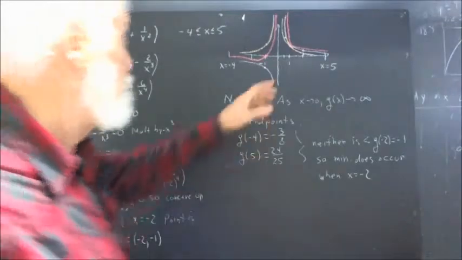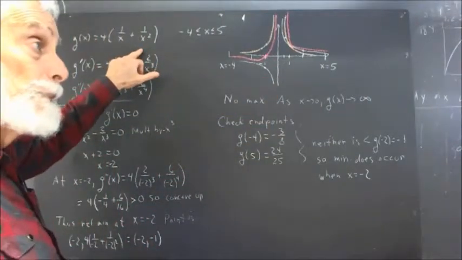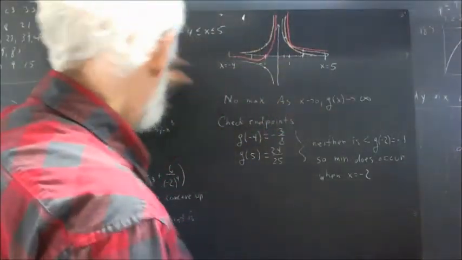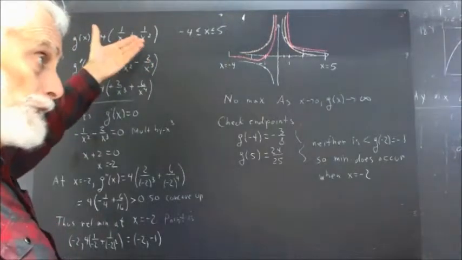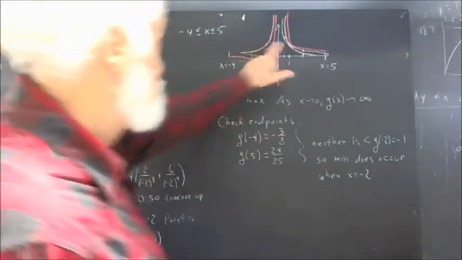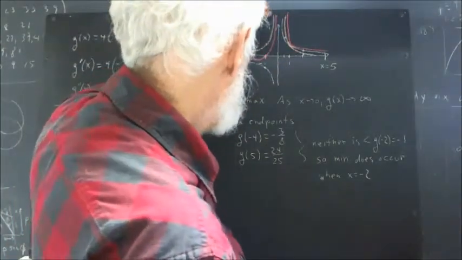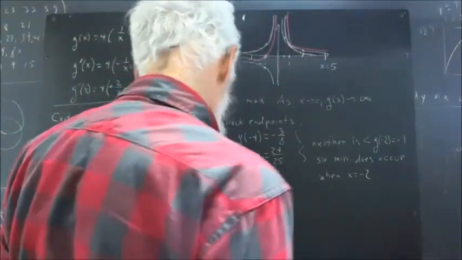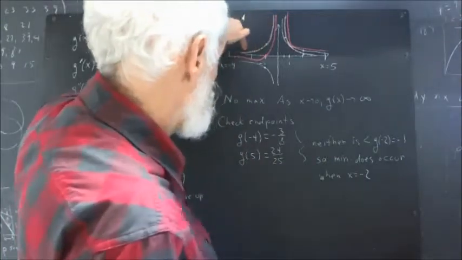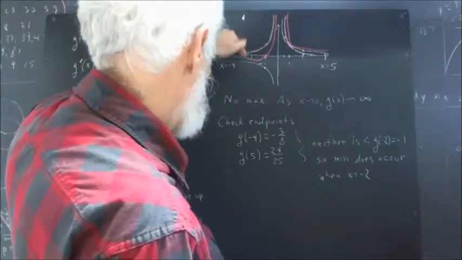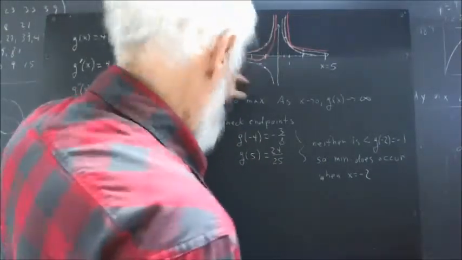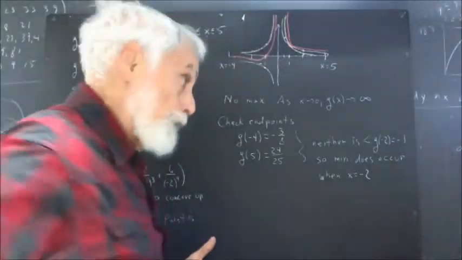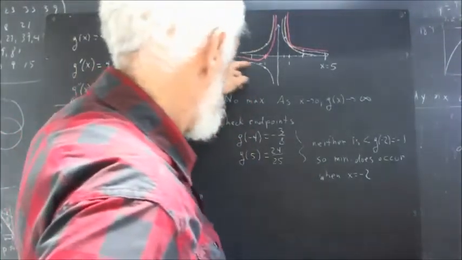Then 1 over x squared is symmetric about the y-axis. If we replace x by negative x, we still get the same thing, so all these points reflect over here, and the graph looks like this. The graph of 1 over x is symmetric with respect to the origin, so it's going to look like this.